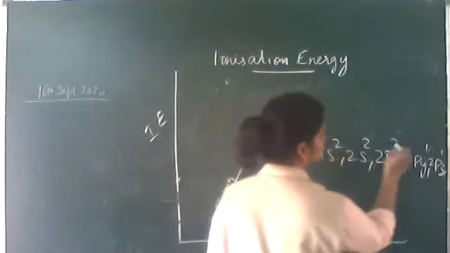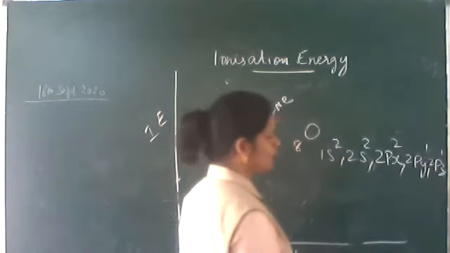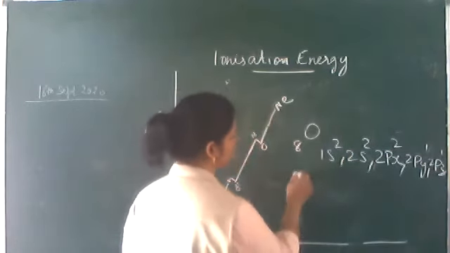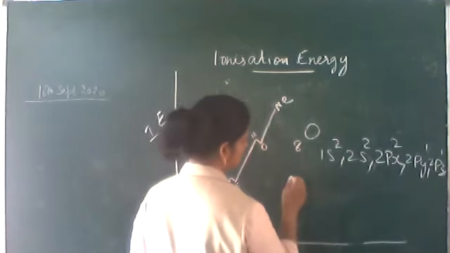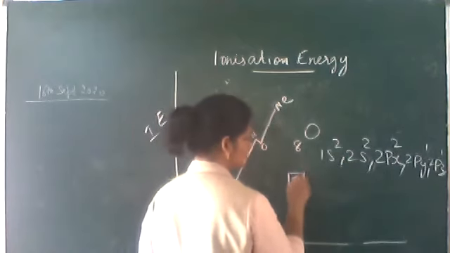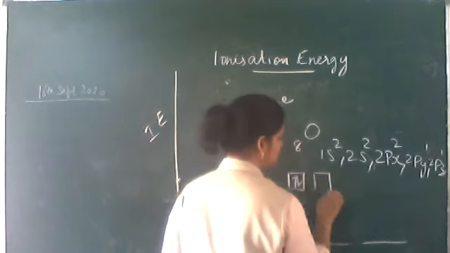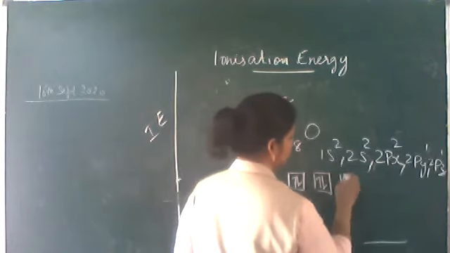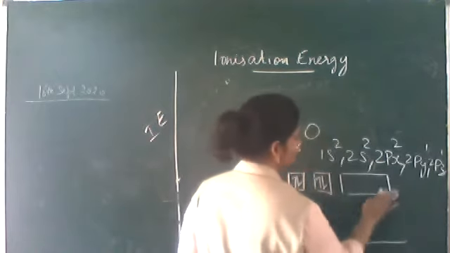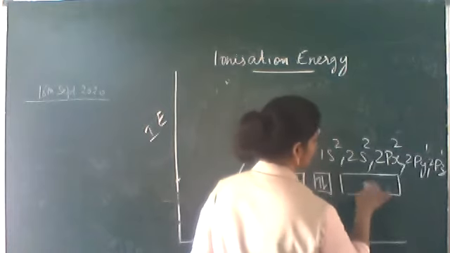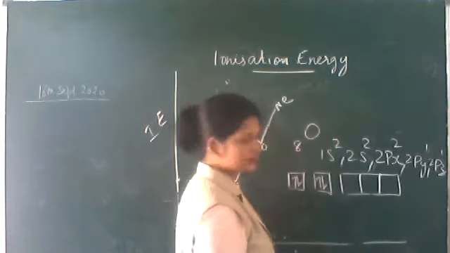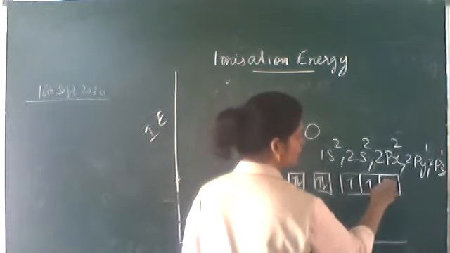So 2, 4, 6, 8. Now, which is the most loosely bound electron? 1s2, then 2s2, then 2p. In 2p, there are 3 orbitals, 1, 1, 1.